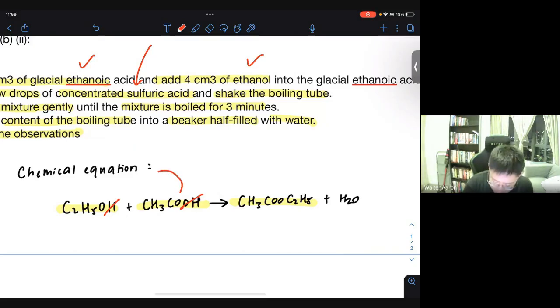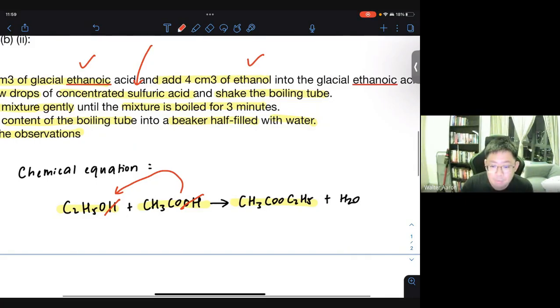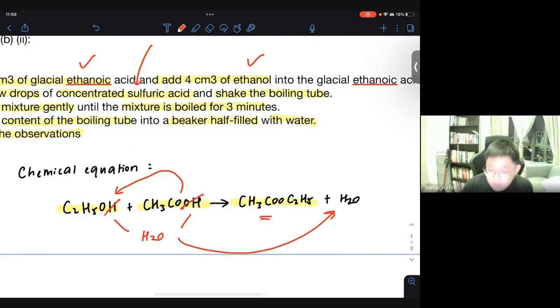So combine this end here to that end and you should be able to get this structure. And of course, because this H is removed and this OH is removed, you should be able to get H2O, which is written over here. So the esterification process produces water as well, besides the ester.